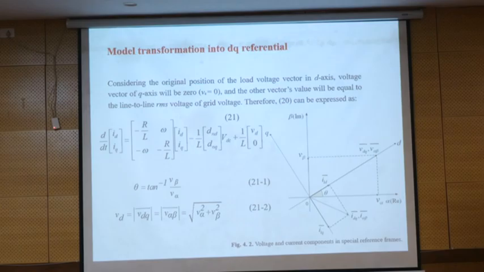So by this assumption, if we consider theta equal to V beta over V alpha, then the direction of VD is equal to the direction of the reference value, which is V alpha to V beta. So by this assumption, our VQ will be equal to 0.